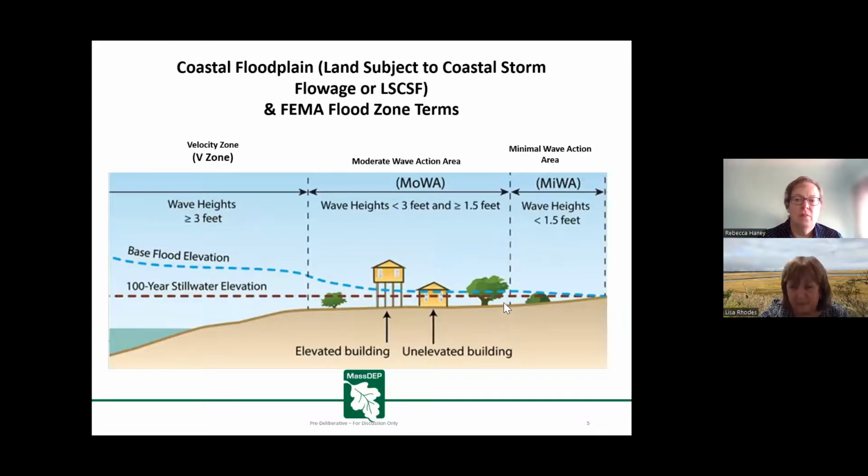So if you're listening to Rebecca, these are all available on the FEMA maps, and you do not need to know the heights of the waves coming into your site. So you would find these on the FEMA maps.